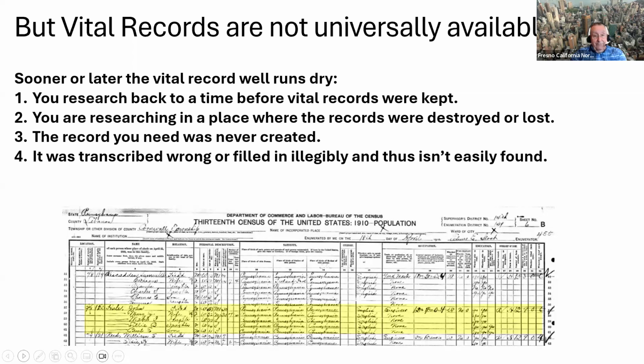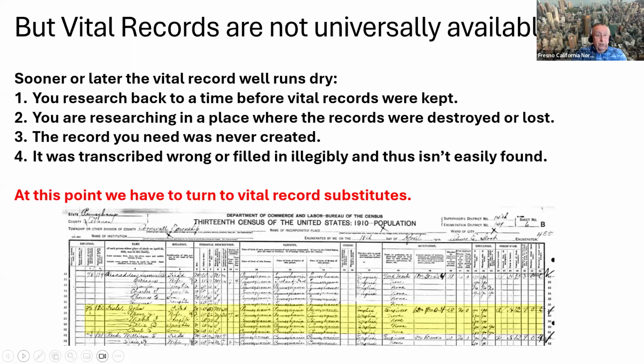Those things happen. And lastly, the other issue you might find is that it was transcribed wrong. Maybe it was filled out so illegibly that you can't read it, or the people transcribing couldn't read it, and thus it becomes very hard to find, even though it's there. So you have a lot of different issues that you have to deal with, especially as you work your way back in time.